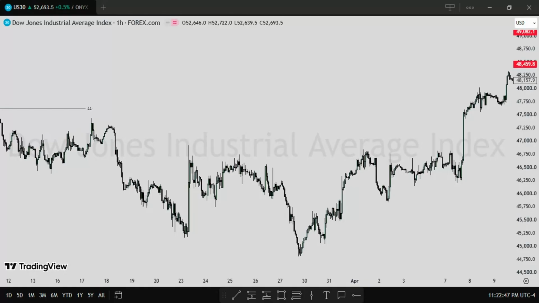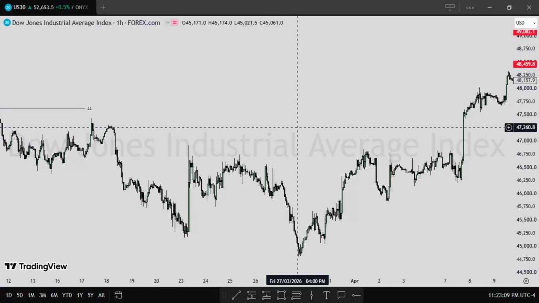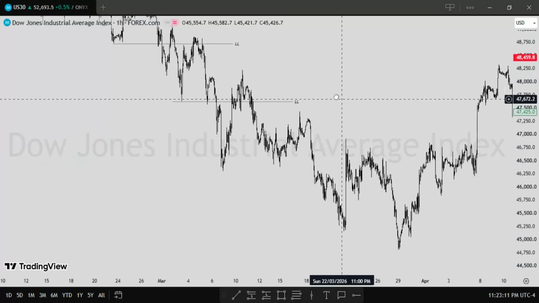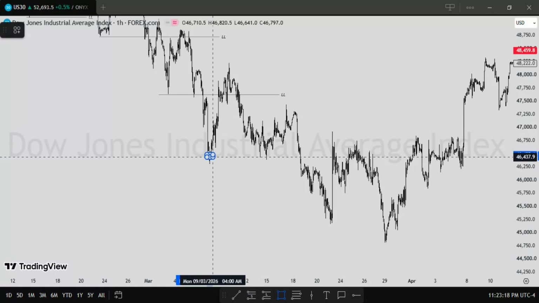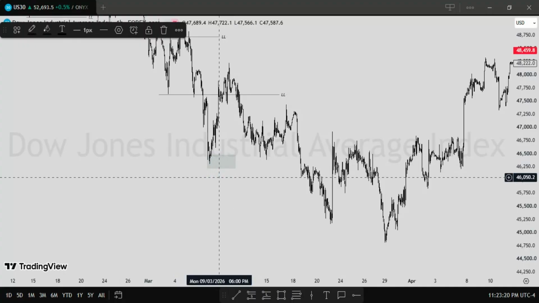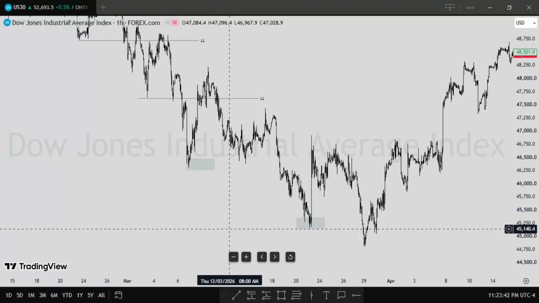Another important concept is the break of structure, often called the BOS. This video is not dedicated to that, but briefly, let me explain. A break of structure happens when price breaks a significant swing high or a swing low. This is an example of a swing low. This right here is a swing low. This is a swing low.